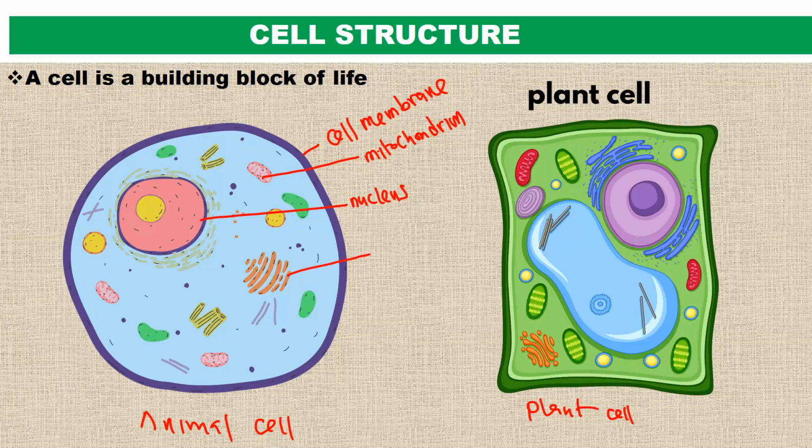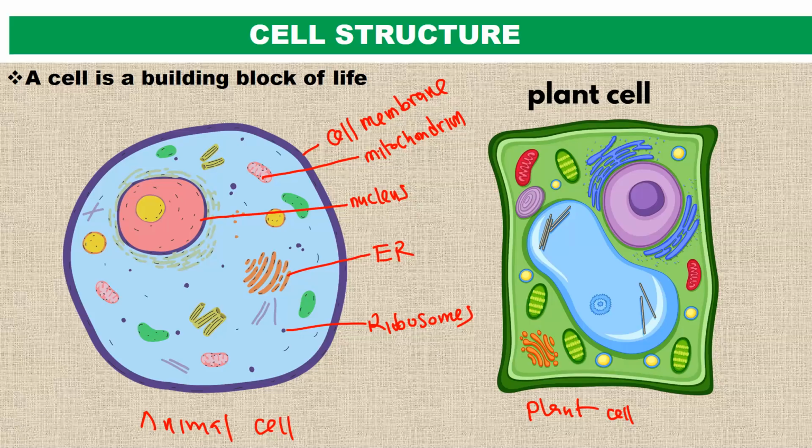Then here these are endoplasmic reticulum, so I'll just put ER, but what is important are the parts that we have looked at: the cell membrane, the mitochondria, the nucleus, and also I can point at these tiny things inside as ribosomes.